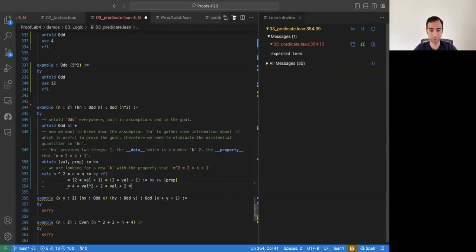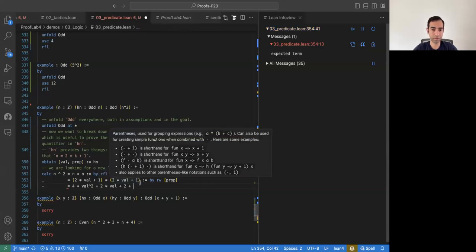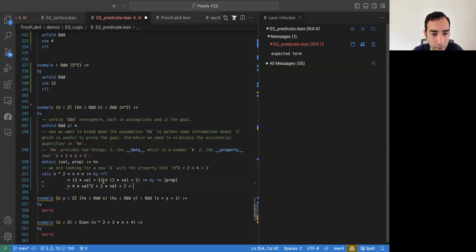So that's going to be 2. And then I get 1 times 1. No, I think I'm making a mistake. Yeah, 1 times 2 times val. So this is 2 times val plus 1.